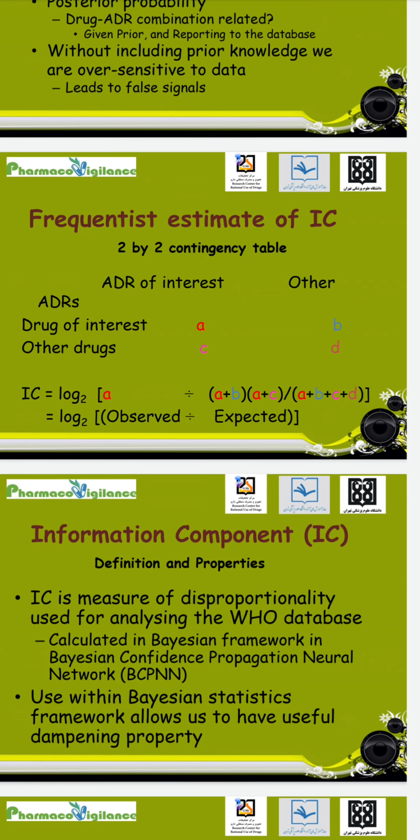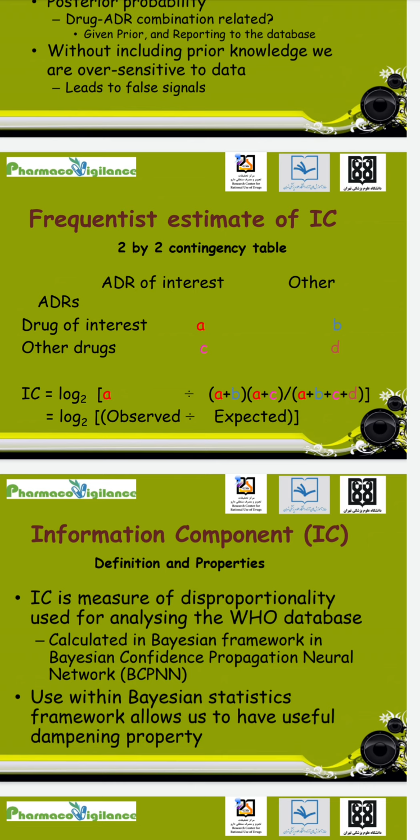Now the IC is log base 2 of A divided by (A plus B) multiplied by (A plus C) divided by (A plus B plus C plus D).